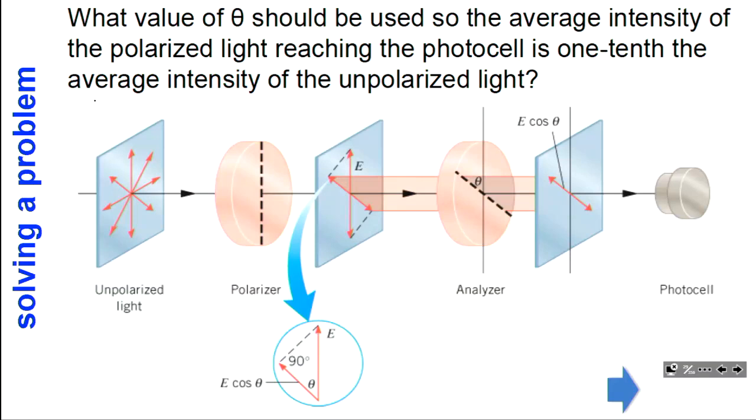Well, let's do a problem. So here we are looking for the angle between two polarizers. This is my experiment, basically. I have two polarizers, and I have a source of initially unpolarized light.